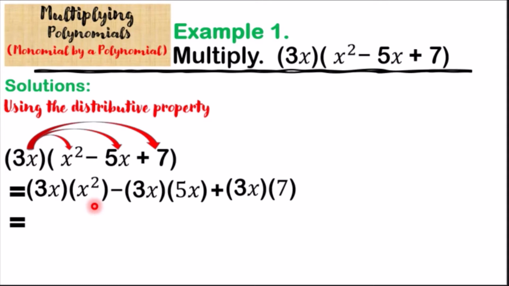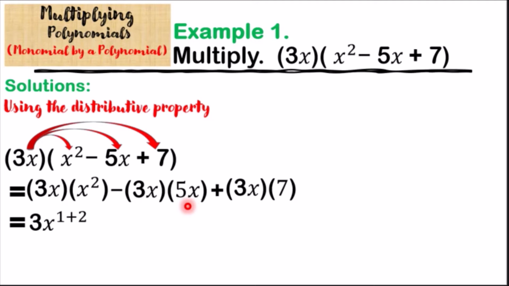Simplify. We have here 3x times x squared. You multiply the numerical coefficient together and multiply the literal coefficient together, applying the laws of exponent. That is 3 times 1 is 3. X times x squared, you copy the base and add the exponent, which is 1 plus 2. Here we have 3x times 5x.